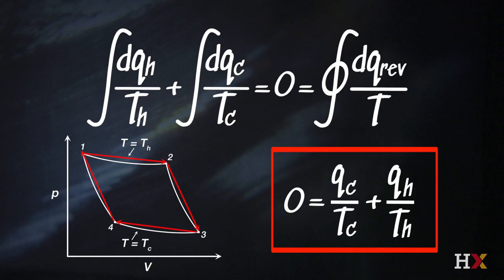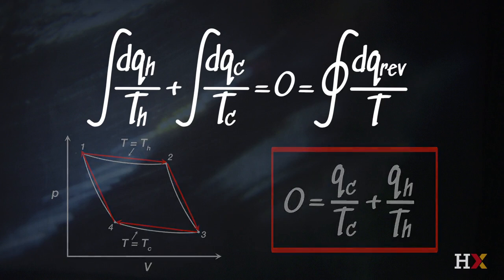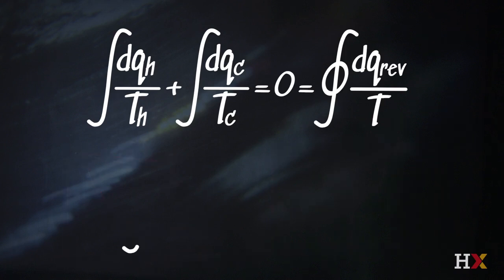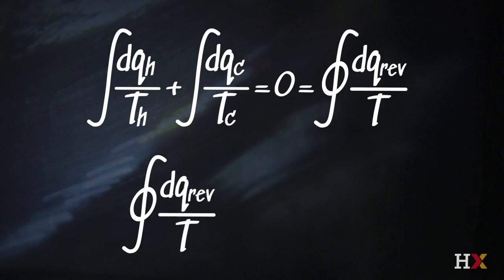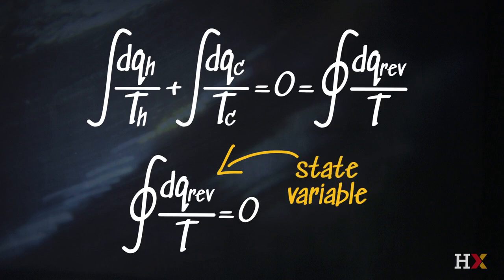That quantity is equal to 0. But if, when I go around that full cycle, the dq on a reversible path divided by the temperature is equal to 0, then that means that that quantity is a state variable. I've come back to the same point, and it's invariant.